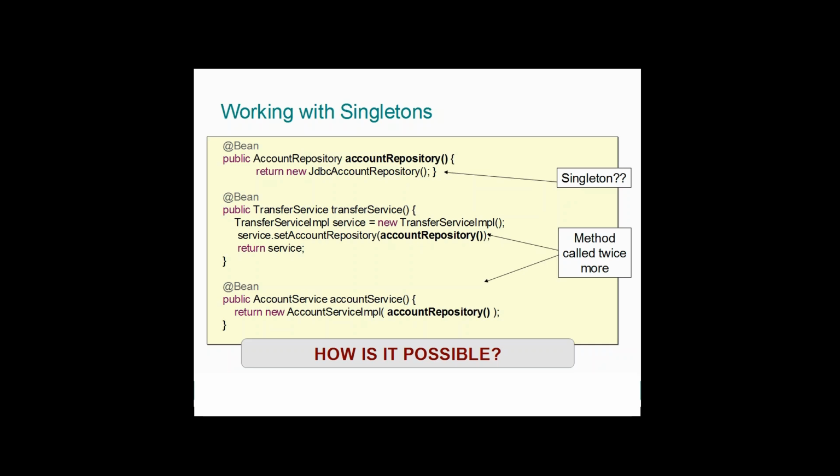So we said by default, however many times you do a lookup for the account repository, it will always return the same object which is created already in the beginning. Okay. So now I have a problem: when I call the account repository 2 times, this guy is going to create 2 objects. How does it actually work in case of singleton behavior as a default?